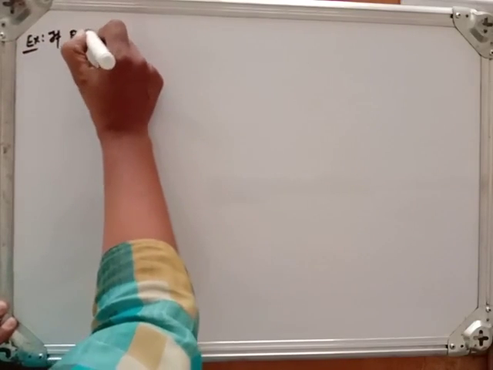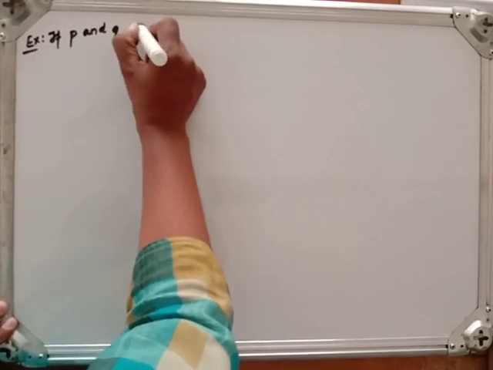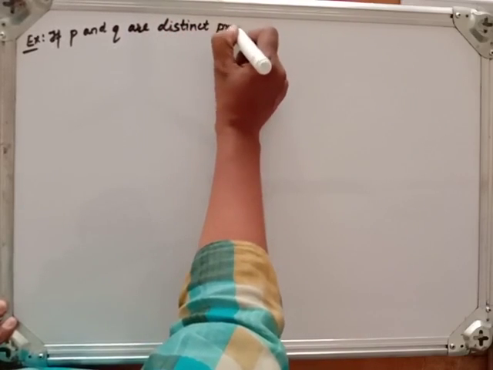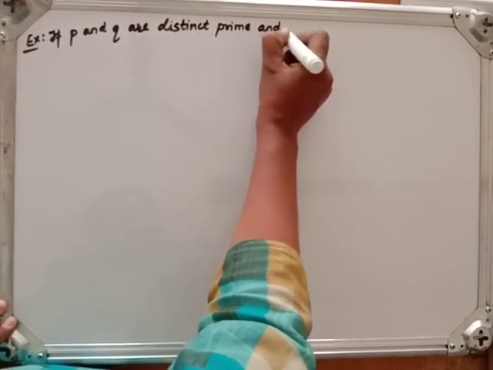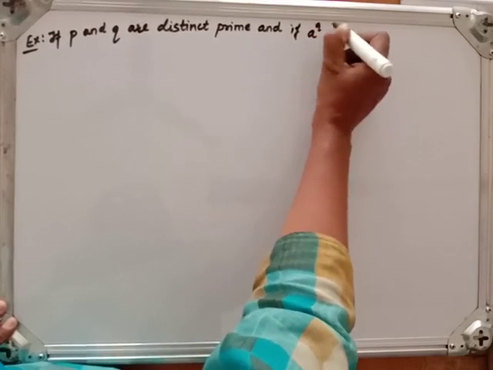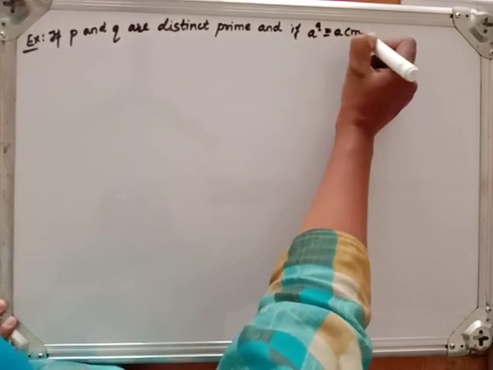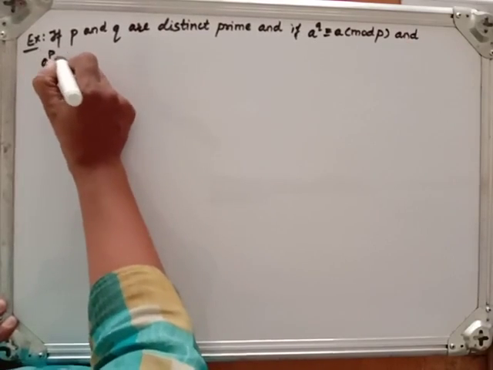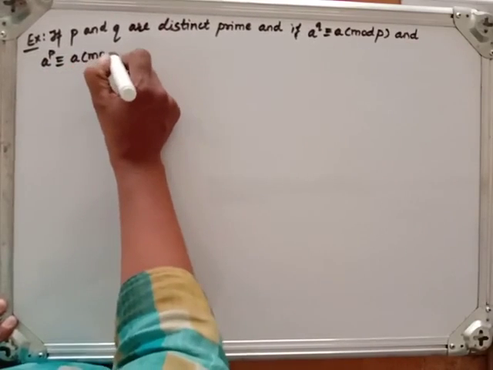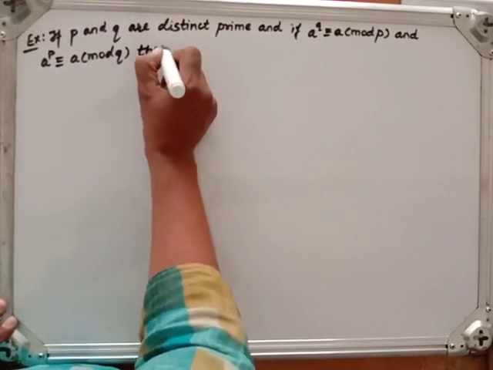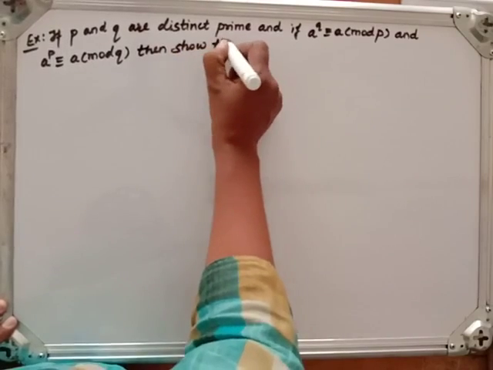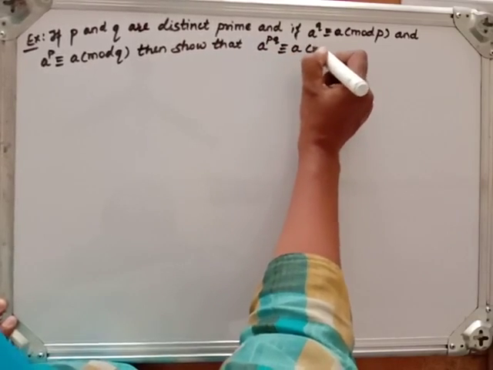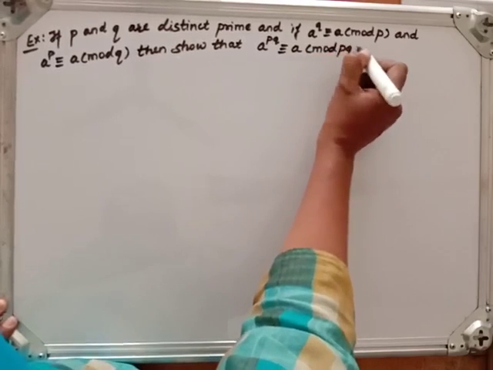If p and q are distinct primes, and if a raised to q is congruent to a modulo p and a raised to p is congruent to a modulo q, then show that a raised to pq is congruent to a modulo pq. Okay.